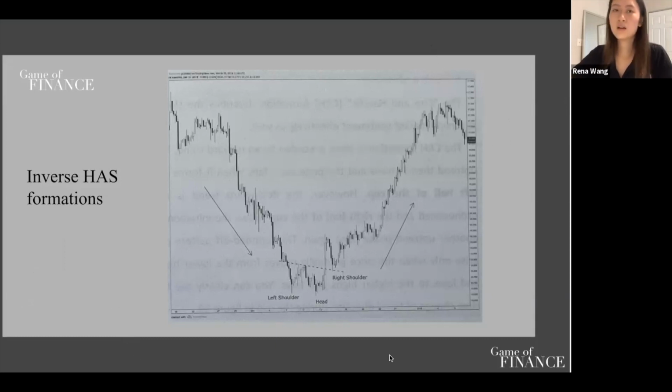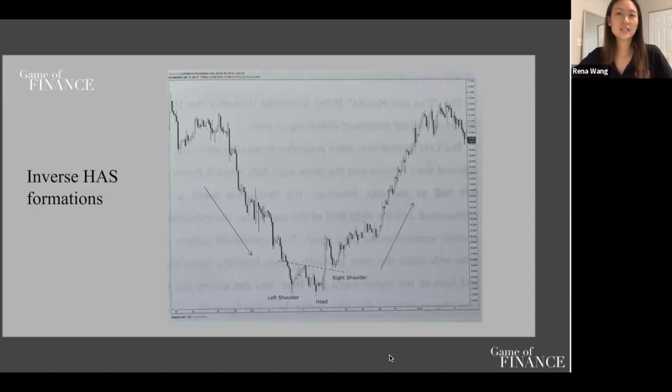So the inverse head and shoulder formation is the counterpart of the regular head and shoulder formation and can be observed during a trend reversal from a downward trend to an upward trend. So the idea is basically the same as I said before. After the downward trend with lower lows, that forms the left shoulder and head.